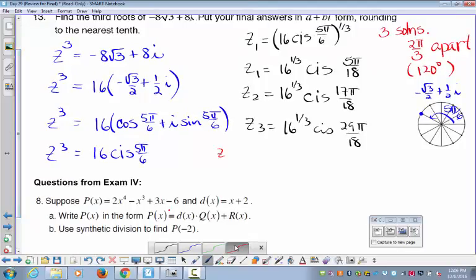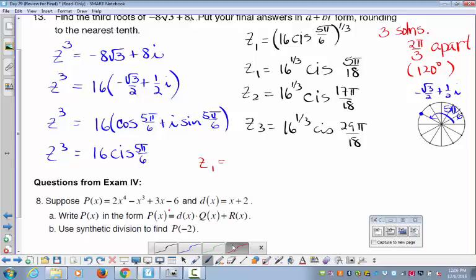I will definitely ask you to round them, so let's make sure we can do that. Okay, so we have them in trigonometric form. Now we have to be able to type them into our calculator, so make sure you're in radian mode because that angle is given to us in radians.